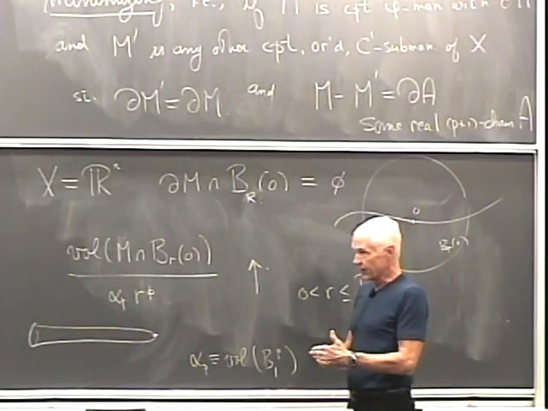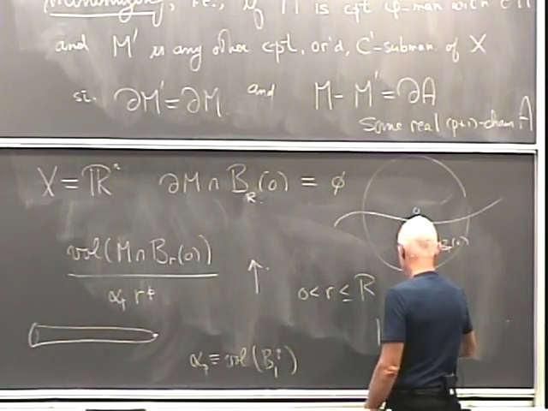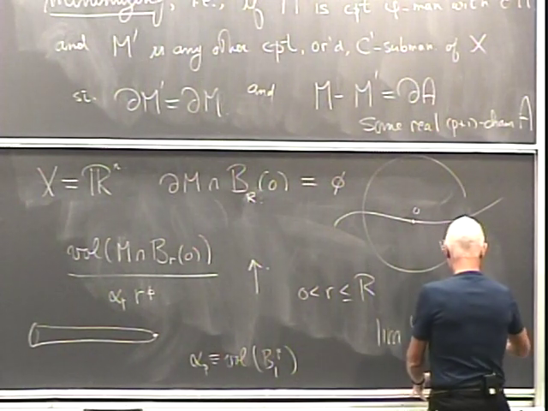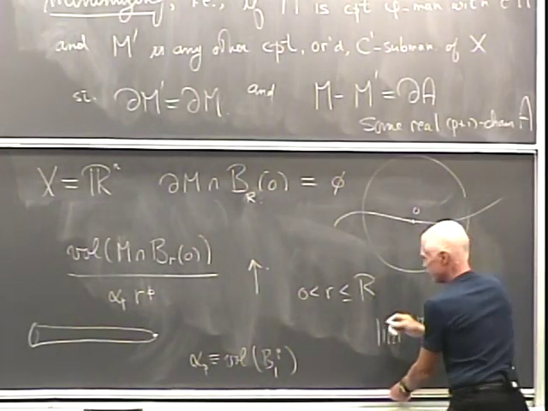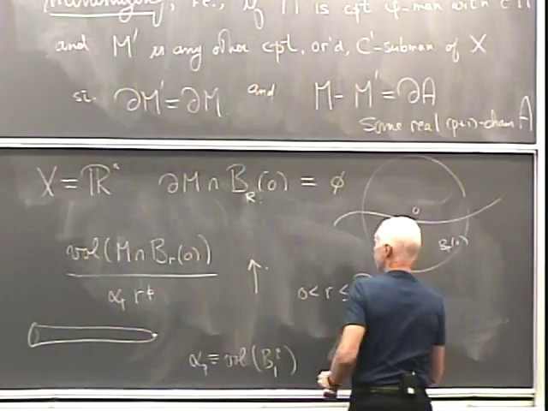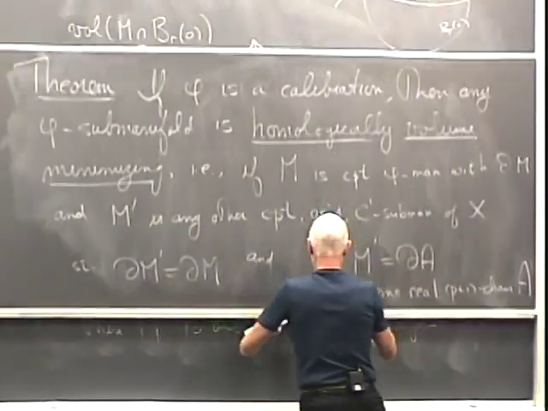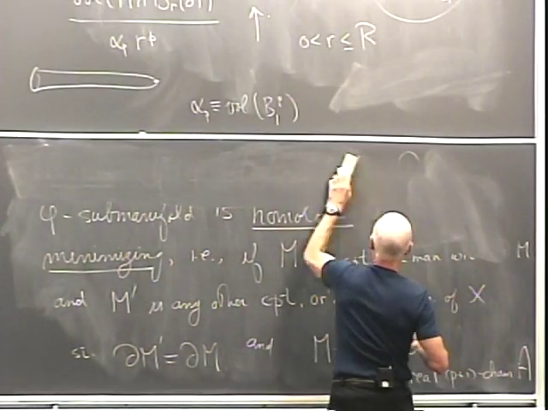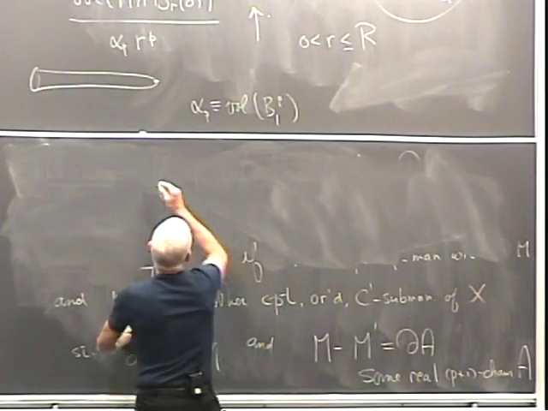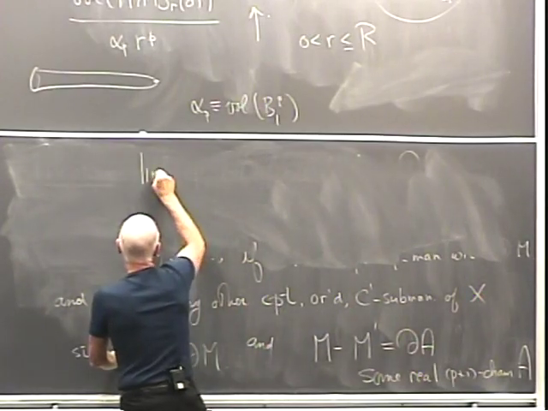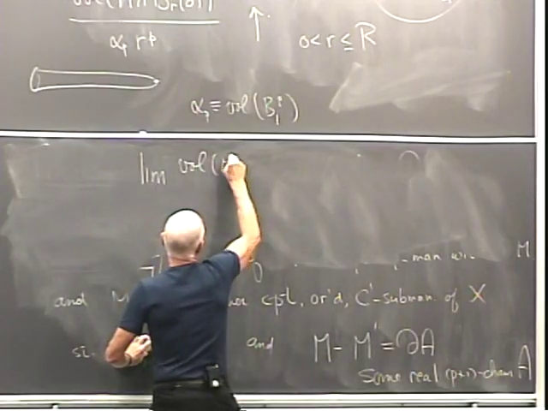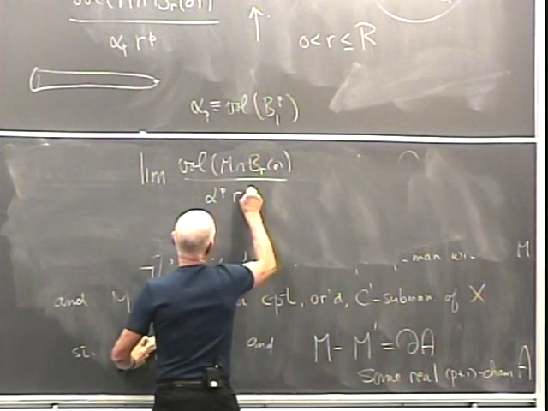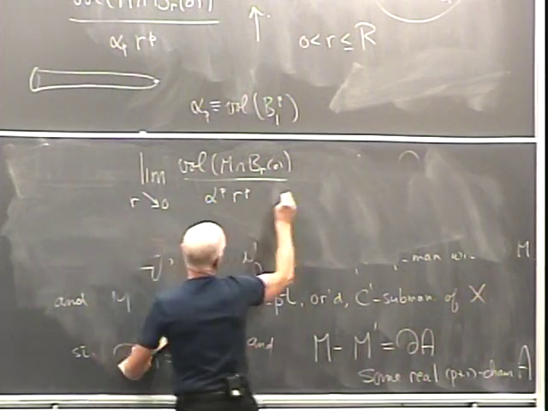But otherwise, if you take the limit of the volume of M intersect the ball of radius r about the origin, divided by alpha p r to the p, as r goes down to 0, this is going to be 1.